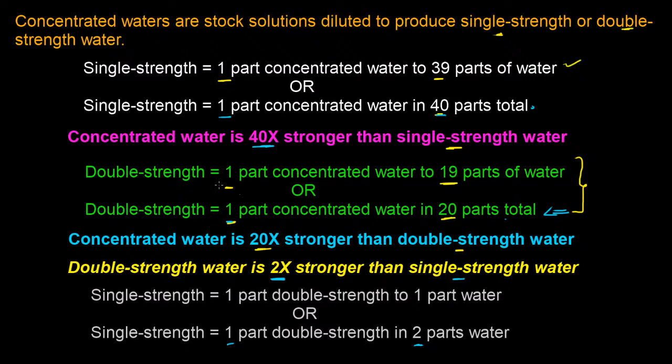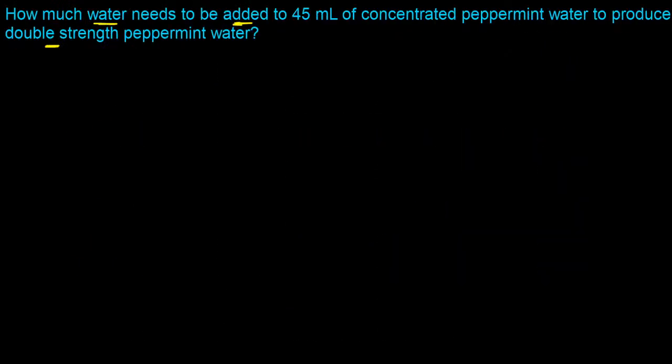We are interested in 1 part of something to something, right? This 19 parts gives us the information needed to compute the volume of water to add. That's what this portion allows us to do. And so we're going to go back to the question and make use of that information.